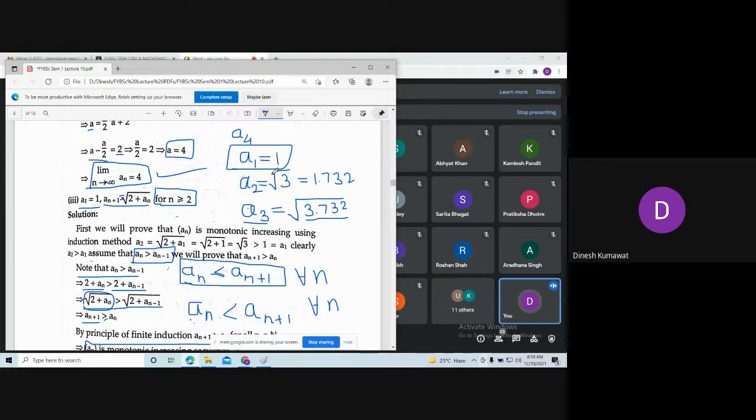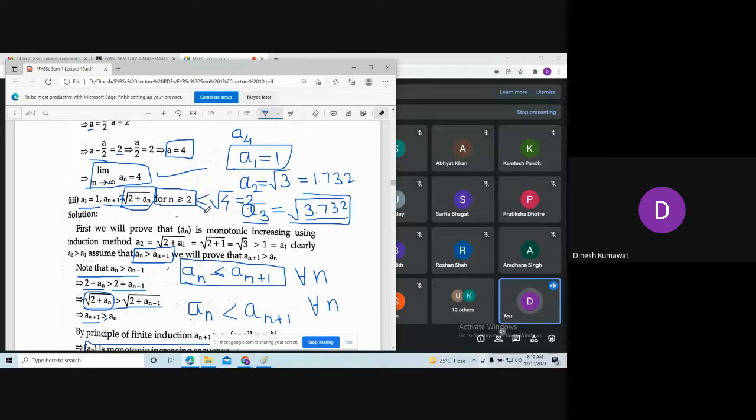See here, what I am looking at is that my claim is this root, that is root of 2 plus an, can't exceed 2. This root can't exceed root 4, hence it is 2.